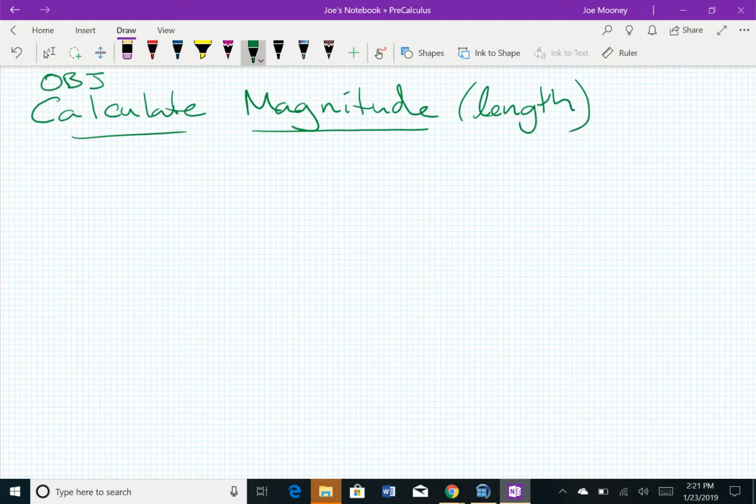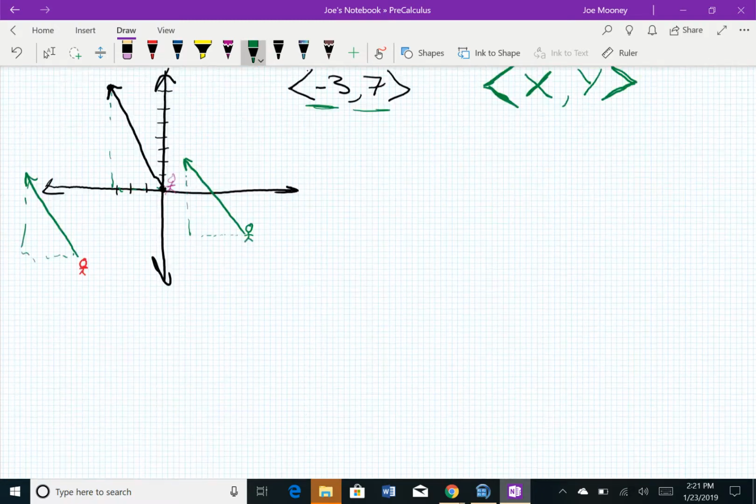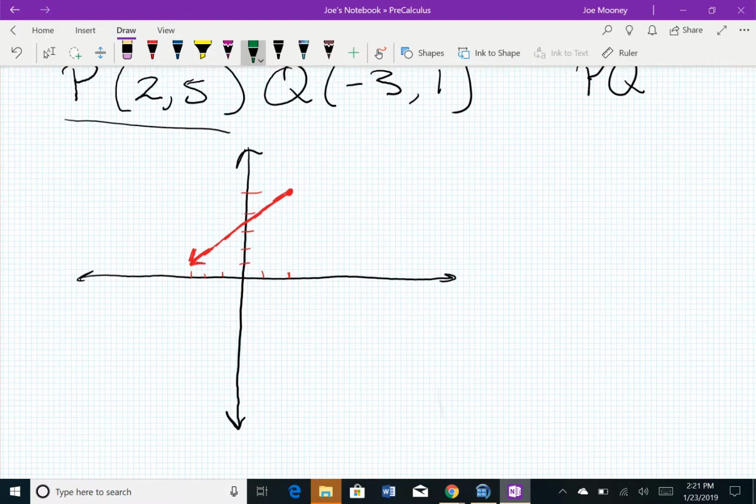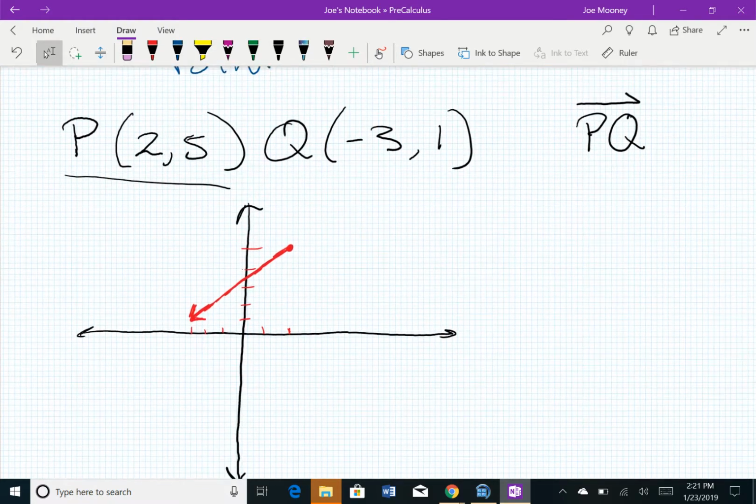So if I were to calculate the length of my original vector, in a 3-dimensional world we see in 2 dimensions, right?